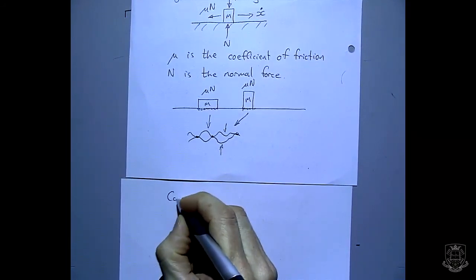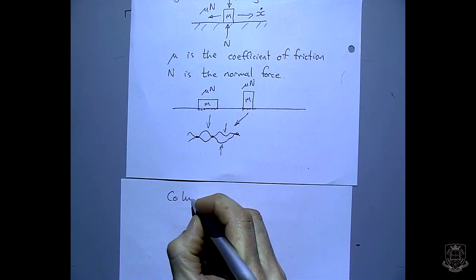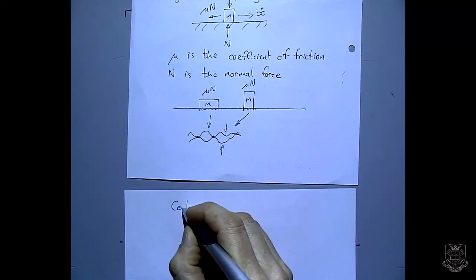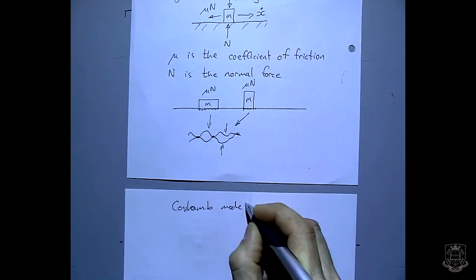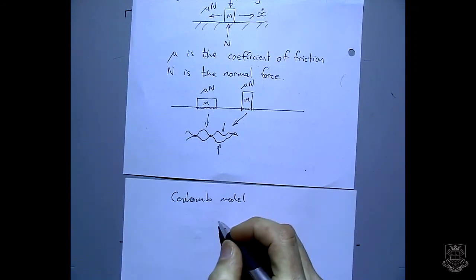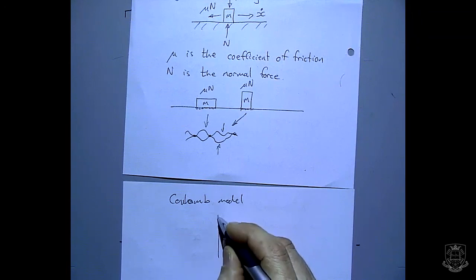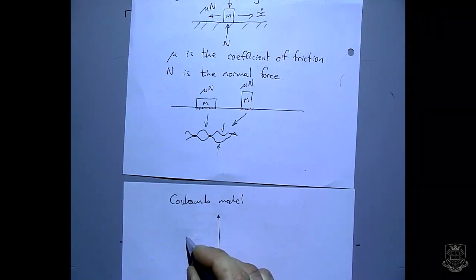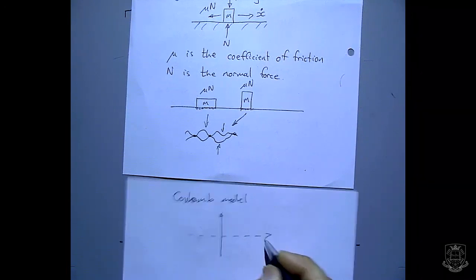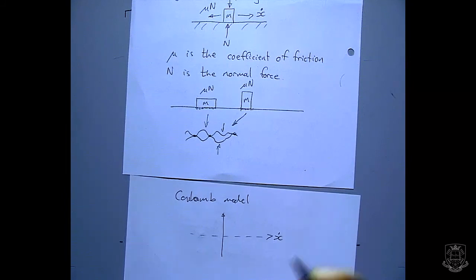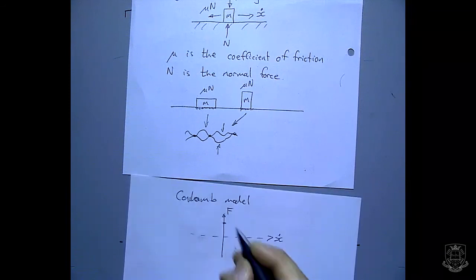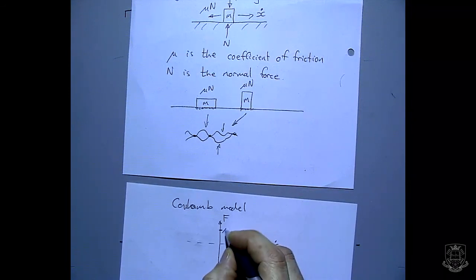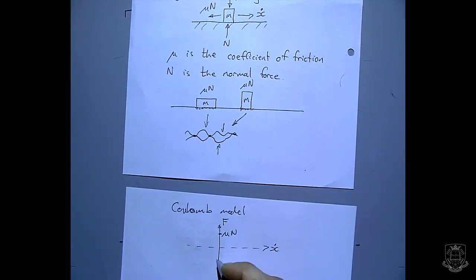Let's have a look at the Coulomb model. The Coulomb model is the simplest way of thinking about these frictional things. If we plot the friction force against the velocity, then typically what we do is we have mu times N here minus mu times N here.